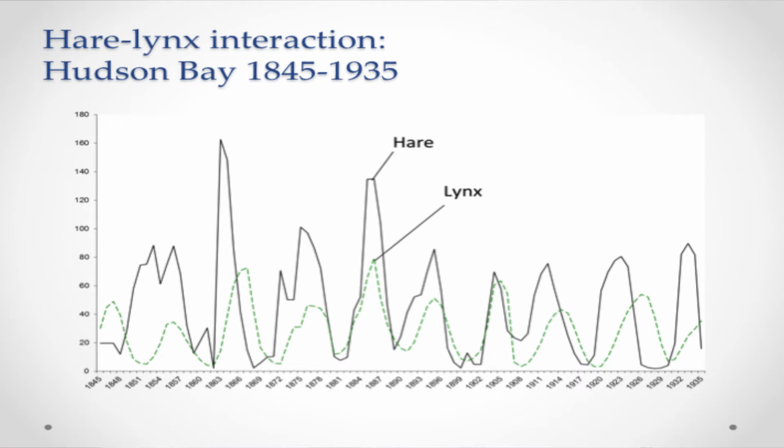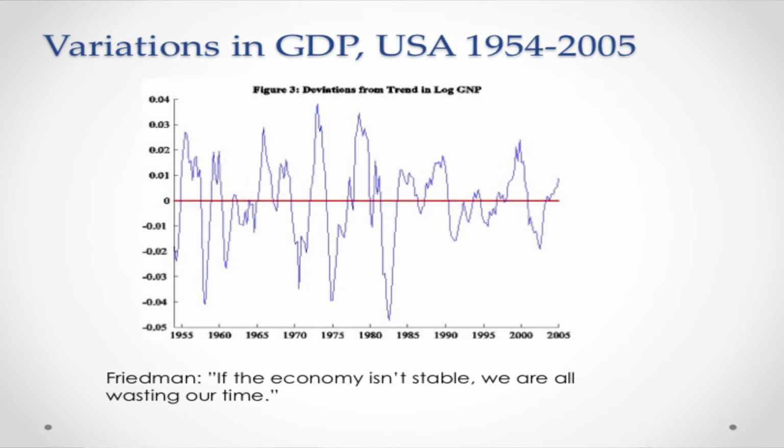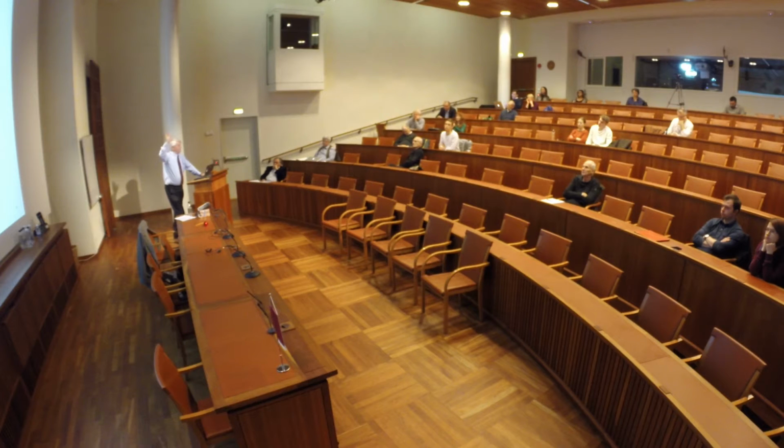So from animal populations, let's turn to human populations. This shows the gross domestic product in the United States during half a century, from 1954 to 2005. And you see this familiar phenomenon of business cycles, that the GDP varies like that from one year to the next.